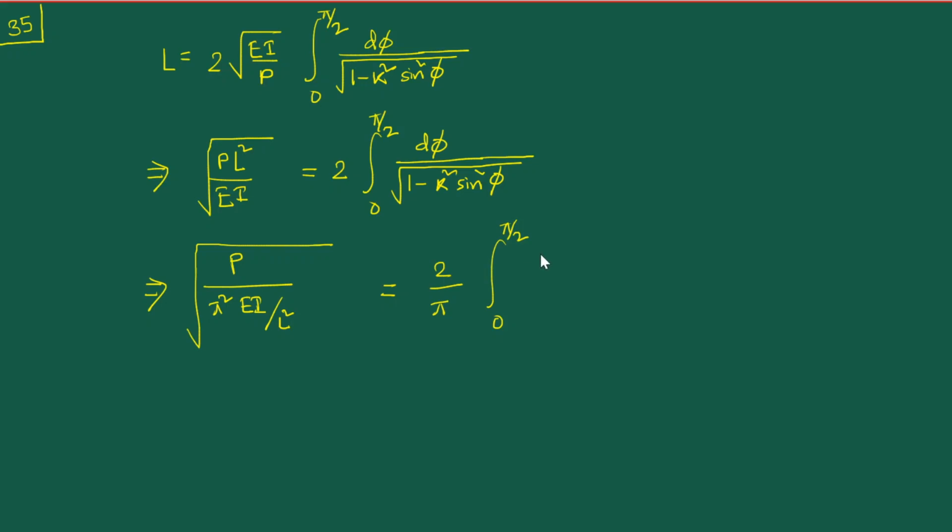But the good thing about this situation is that we now have in our hand an estimate of this P in terms of the ratio with the Euler buckling load. So this is P by P Euler, because that is what this particular combination is.